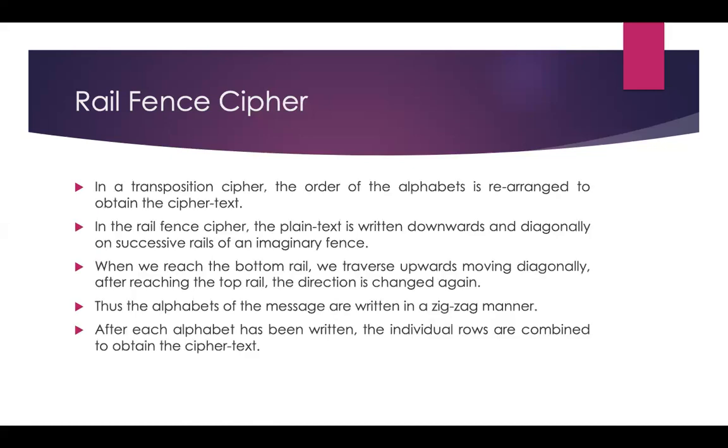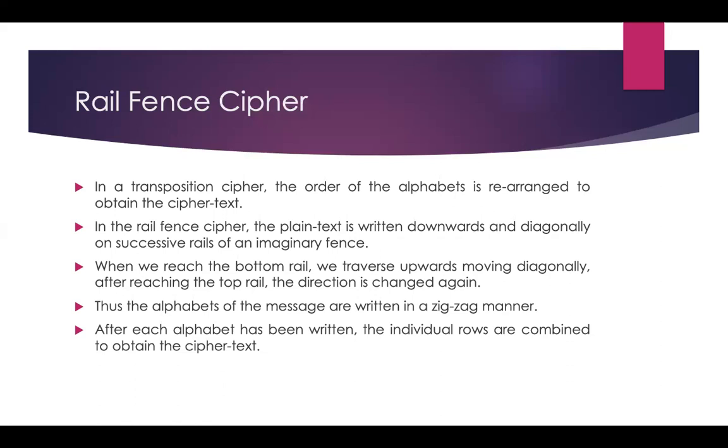In the next slide, I have given you the explanation. Here, the order of the alphabets is rearranged to obtain the ciphertext, as I have already told you. The plain text is written downwards and diagonally on successive rails of an imaginary fence. Then, when we reach the bottom rail, we traverse upwards, moving diagonally.